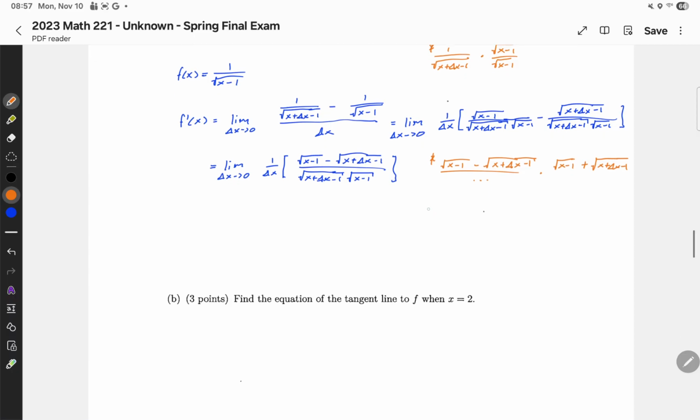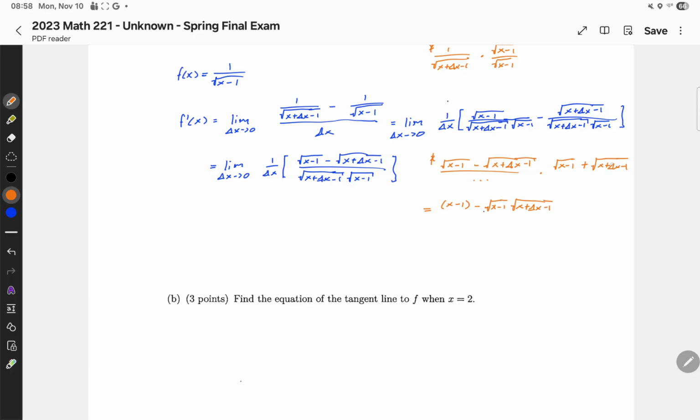I'm running out of space here, but this is going to be equal to the square root x minus 1 times the square root x minus 1. That's just going to be x minus 1. And then we're going to have a minus square root x minus 1, square root x plus delta x minus 1 term. And then what you'll see here is now we're moving to this part.